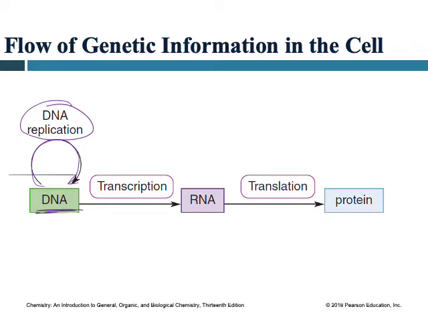But if DNA goes through transcription, that means they are making mRNA. And once you make mRNA, then the second process called translation converts mRNA into a protein. Right? So this is the flow of genetic information. How does DNA normally send the genetic information to the cell?